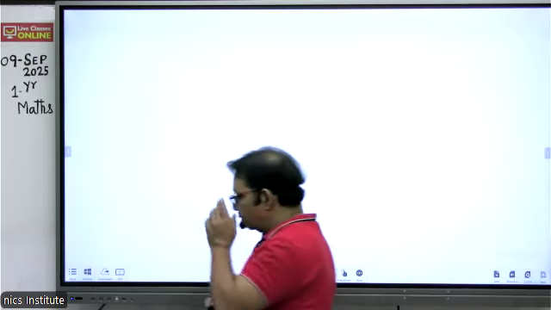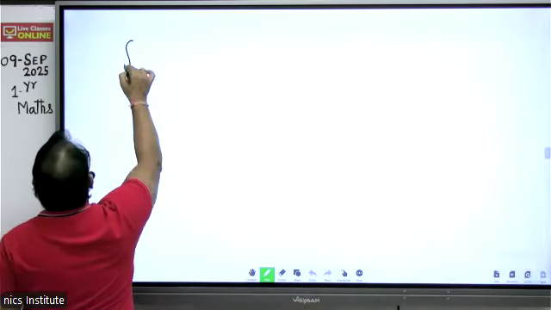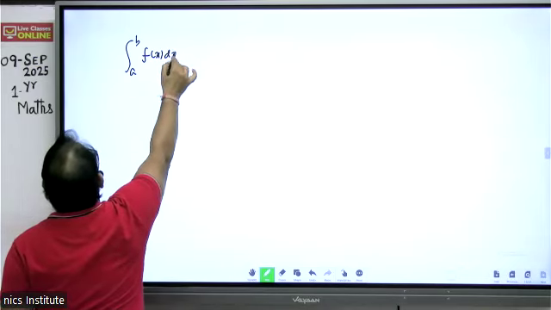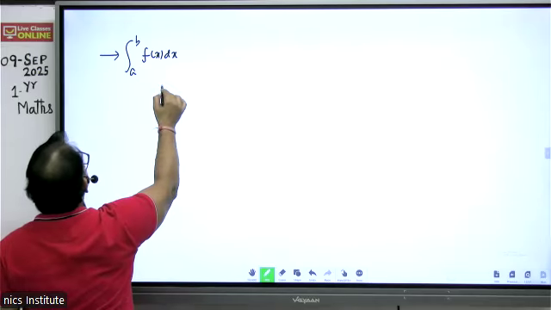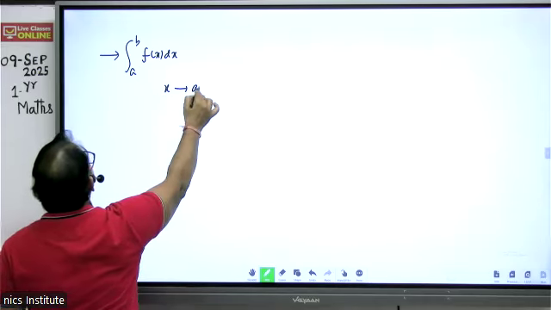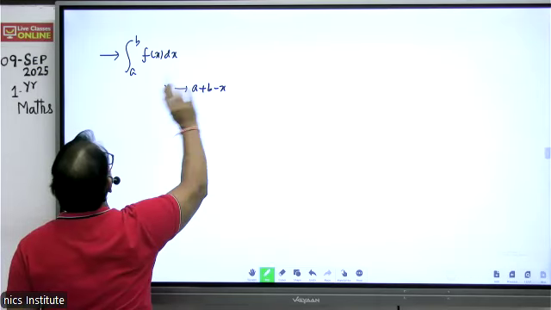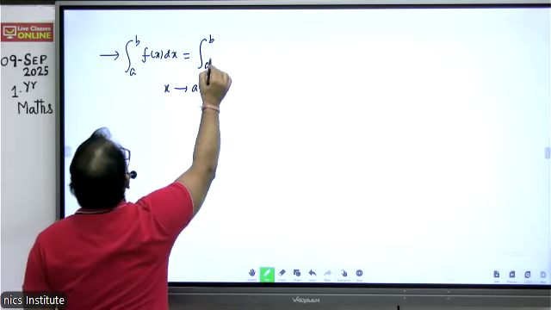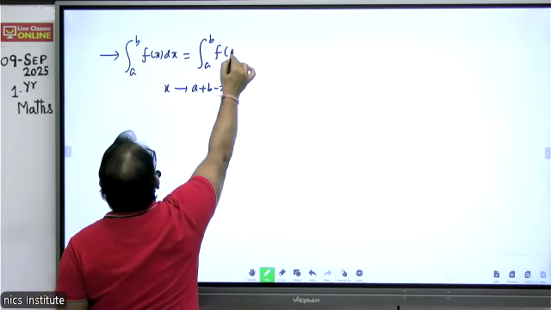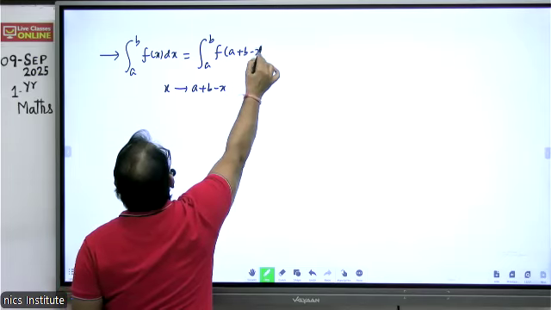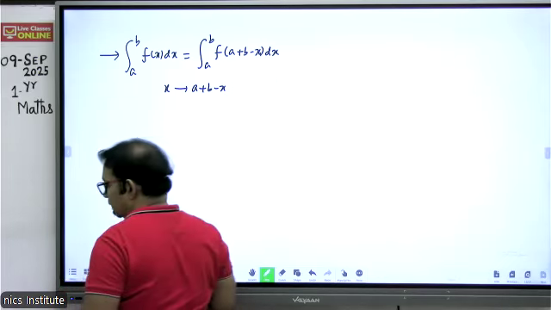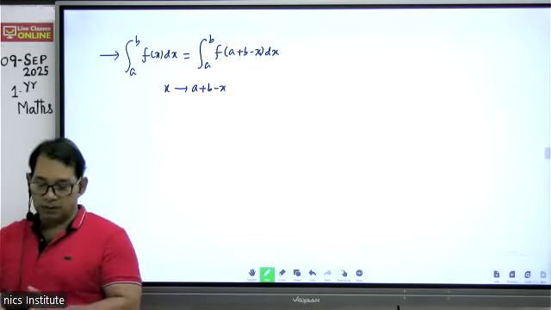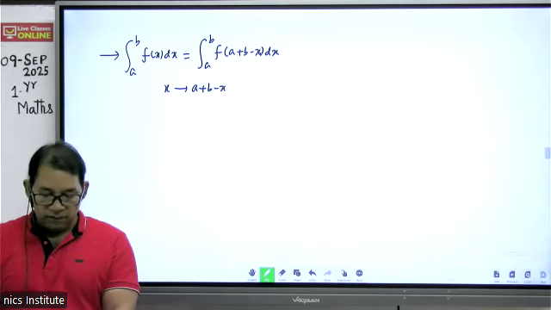Then you come across those questions where you have the integral A to B f(x) dx, and according to this property, if you replace x by a plus b minus x, there would be no change. The integral would remain the same. Everywhere, if you replace x by a plus b minus x, the integral remains unchanged. So this is another property of definite integral.